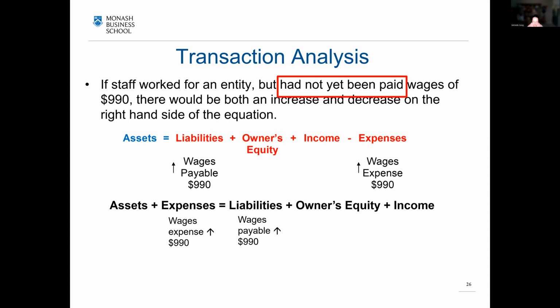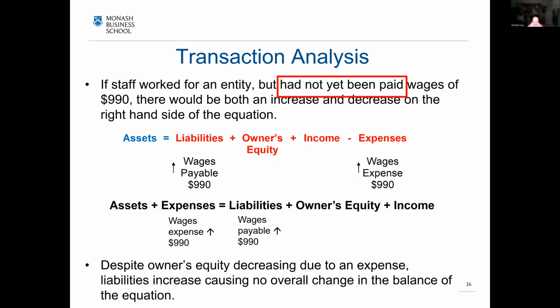In the other version, we move expenses from the right-hand side to the left-hand side, and the expenses become positive on the left. Then you still have an increase in wages expense, but it sits on the left-hand side, and you still have a positive increase on the right-hand side, which is a liability. The positive increases on both sides cancel each other out. The conclusion here is that the accounting equation remains in balance.